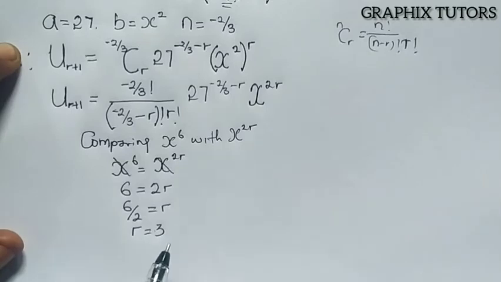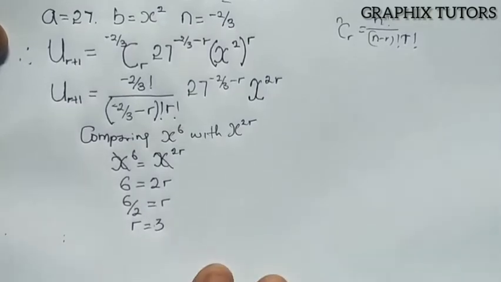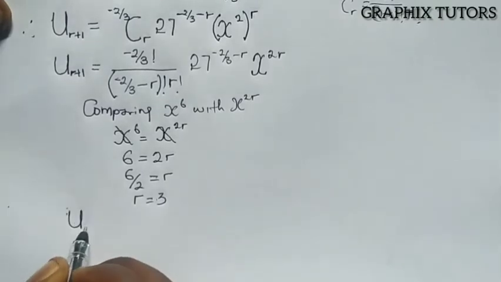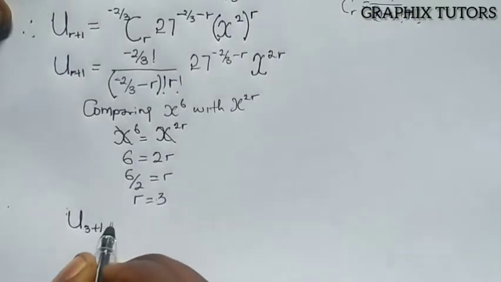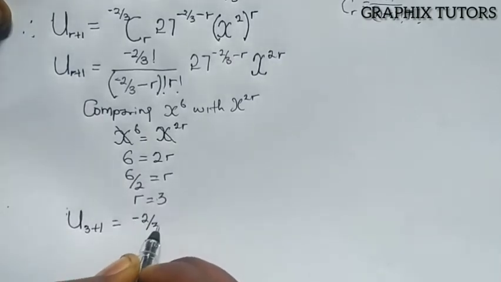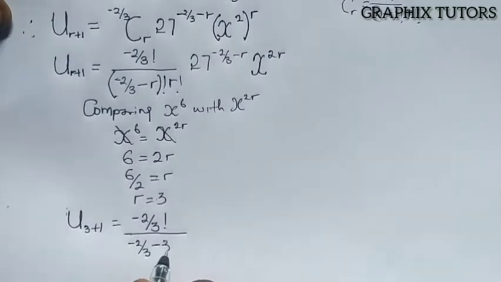So when you put your 3 there, we have u, let's move up, we have u of 3 plus 1 equals minus 2 over 3 factorial, all over minus 2 over 3 minus 3, because r is 3, close the brackets, factorial, then we have 3 factorial.